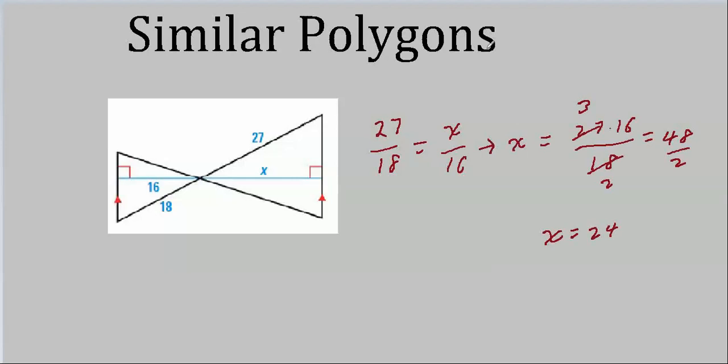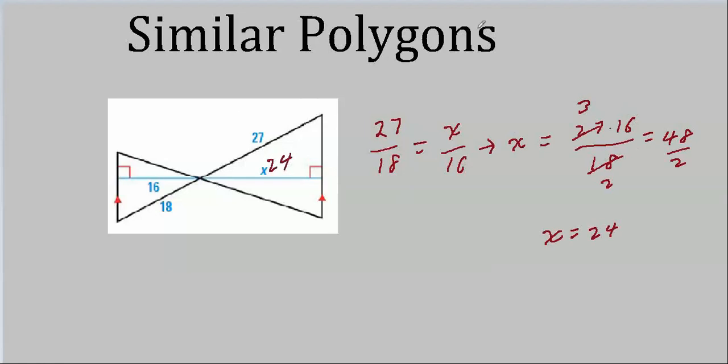So then we can easily set up our equation. We get 27 times 16 equals 18x. And of course we divide through by 18 and we get 27 times 16 over 18 is the value of x. We do little cancellations and get that x equals 24.